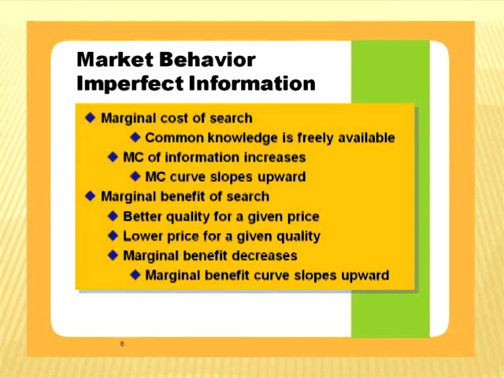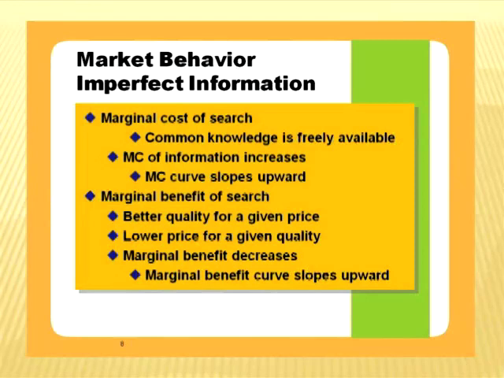Why would you then go and seek out additional information? Well, the reason you do is because each additional piece of information has a marginal benefit. You either find better quality for the same price or a lower price for the same quality. And so as you acquire more and more information, you get more and more benefit.